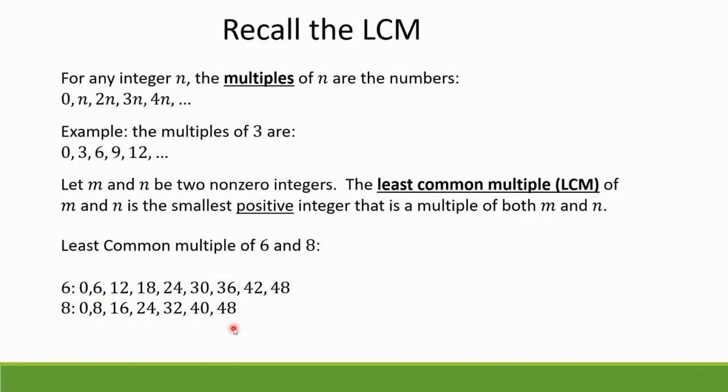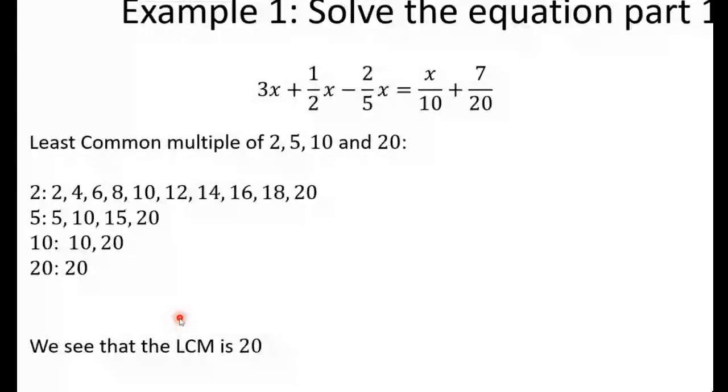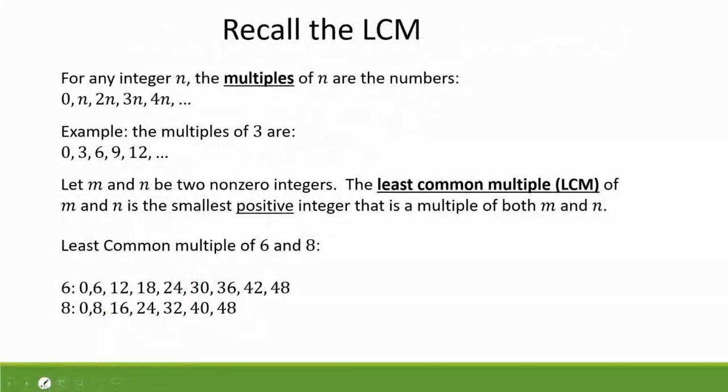What do we get? We have to get the first positive multiple in both lists, which looks like it's 24.